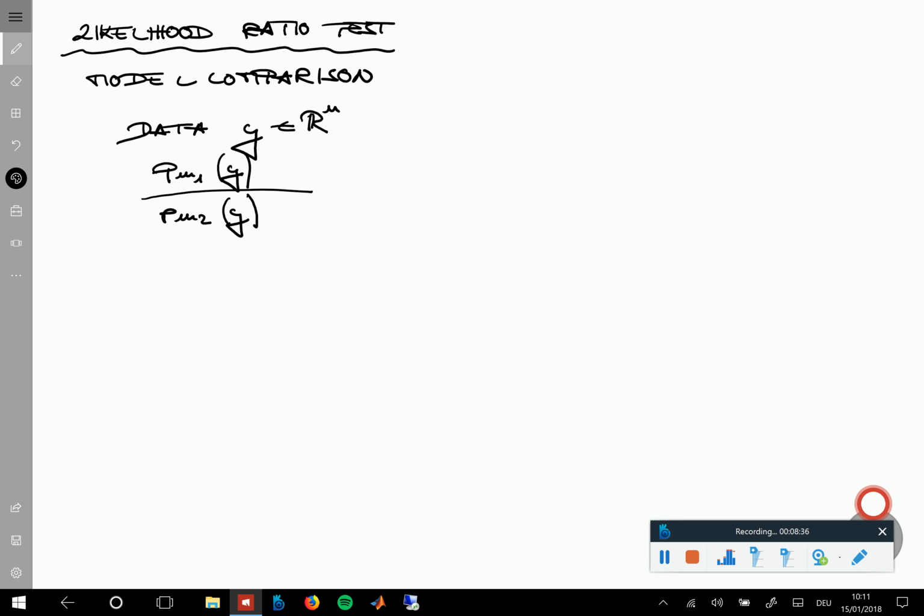Very intuitively now, if the probability of the data that you actually observed under model 1 is, let's say, 0.7. So now not talking about probability densities here necessarily, but really about probabilities in the discrete case. And the probability of observing the data under model 2 is smaller, so let's say 0.1, then this ratio will give a large value.